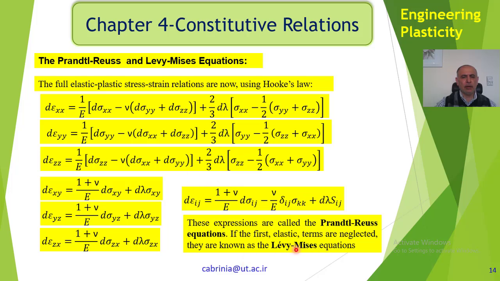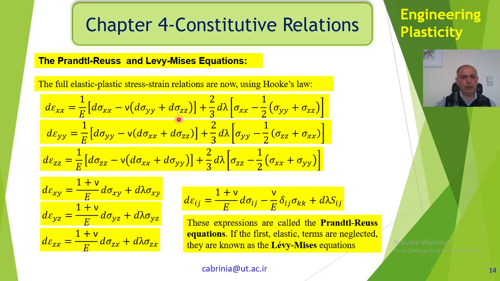These are called the Levy-Mises. Of course, Levy-Mises equations were derived much earlier than Prandtl-Reuss, but because the Prandtl-Reuss equations give us the complete picture, that's why I presented them first.